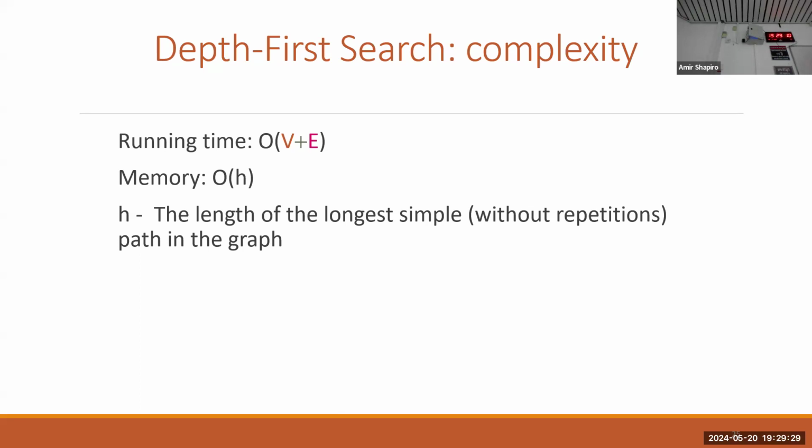The memory is O of H, the length of the longest simple path in the graph, without repetition, without circles. The longest path in the graph is at most the memory, because at most I need to fill the stack with all the vertices along this path.